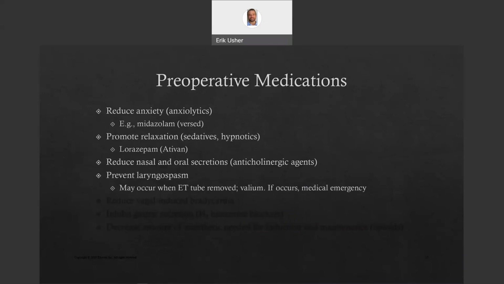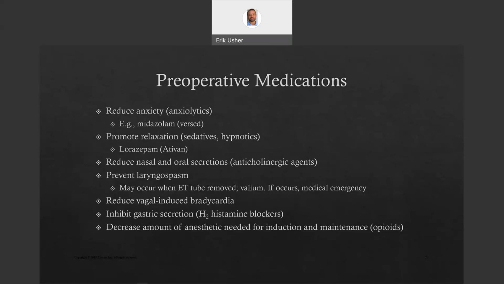So sometimes they get a little bit of Valium for that. If that does occur, it is truly a medical emergency, and there are certain techniques we can do to stop the laryngospasm. Reduce vagal-induced bradycardia, inhibit gastric secretions and give an H2 blocker for that, and decrease the amount of anesthetic needed for induction and maintenance. So, opioids.